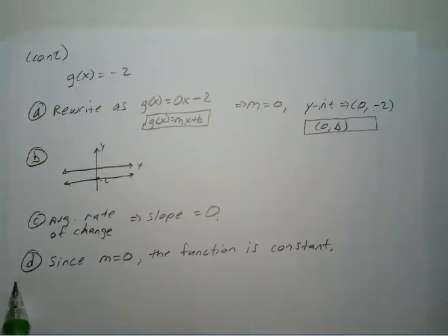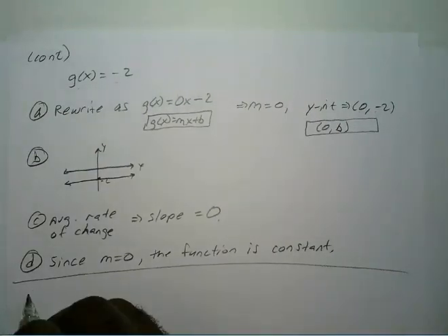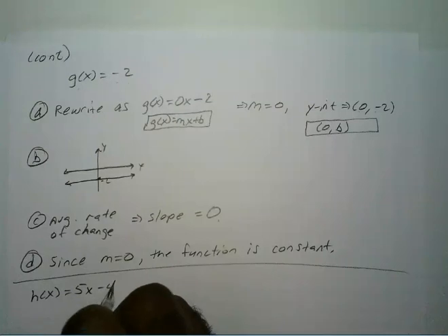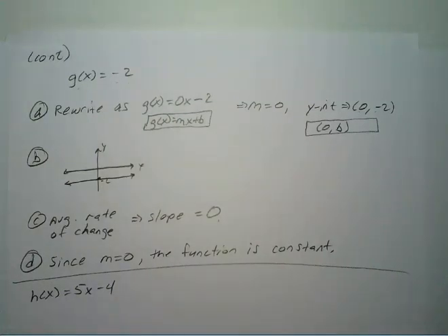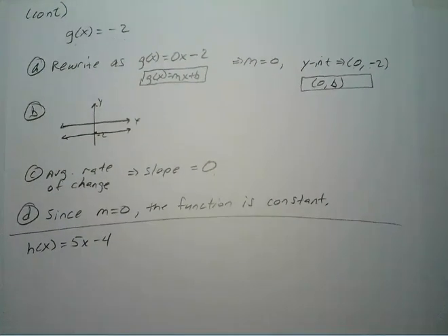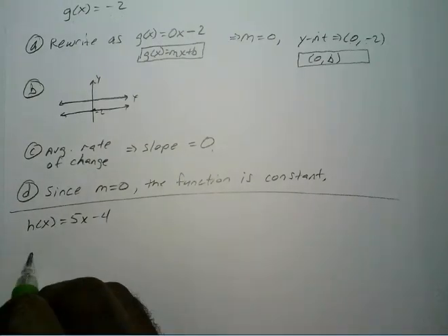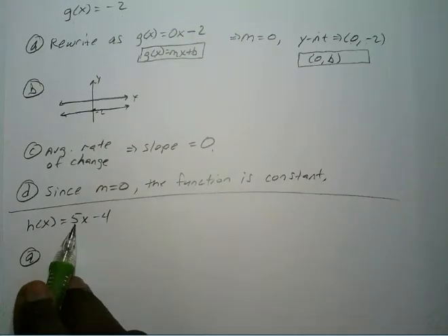Okay, now let's look at h of x equals 5x minus 4. Okay, so we see here for a, the slope is equal to 5.